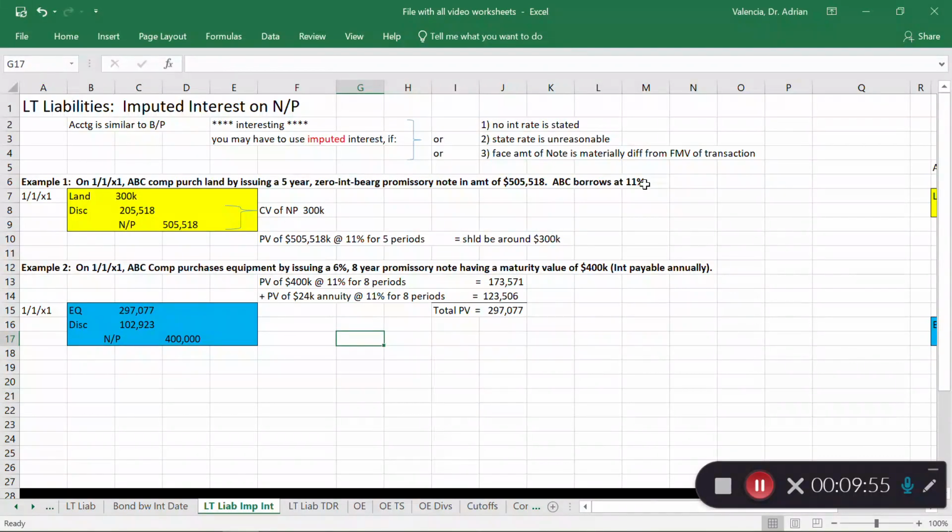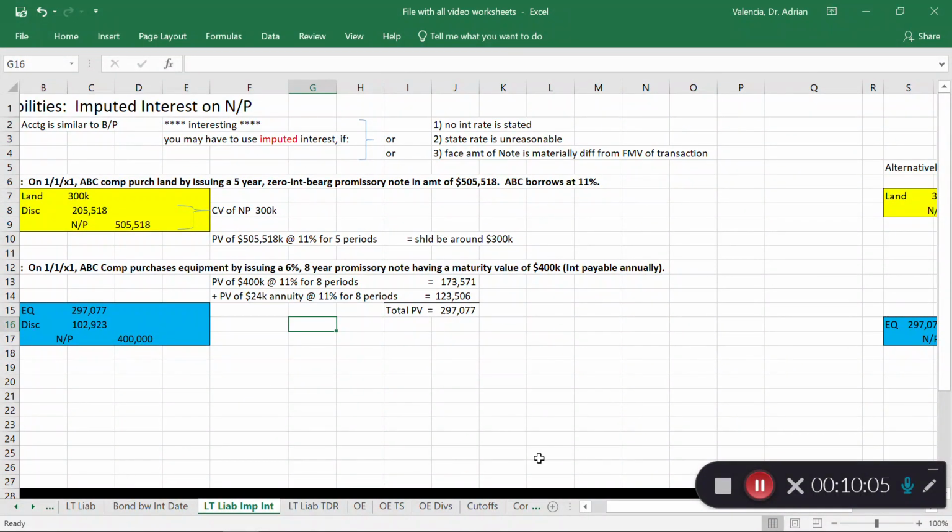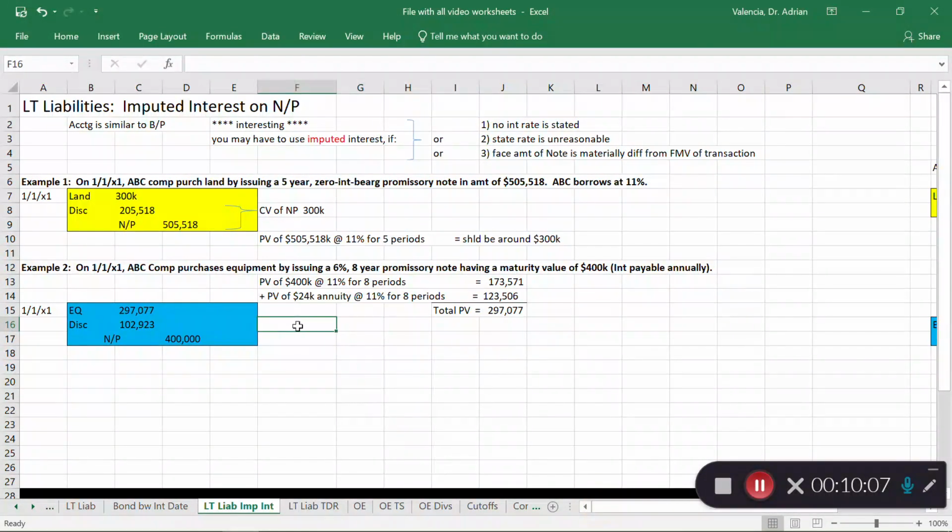So without going into too much of the calculations, because you should be able to do this present value calculation, or watch the long-term liability video to review it, I get the present value of the lump sum, and that's 173. That's at 11%, the real rate, the market rate. I also get the present value of the annuity of $24,000 at 11% for 8 periods.